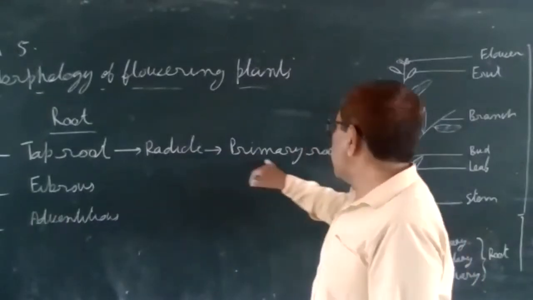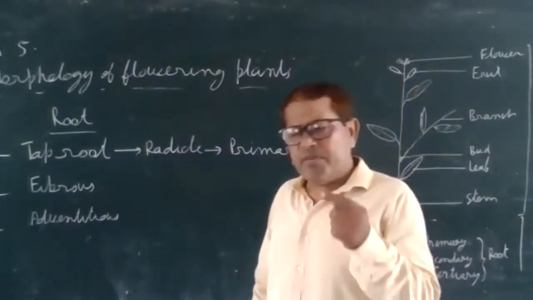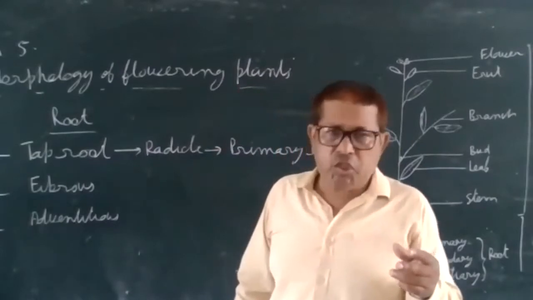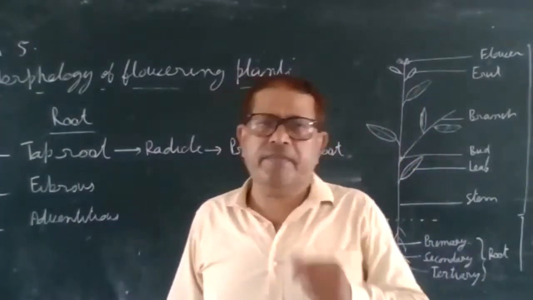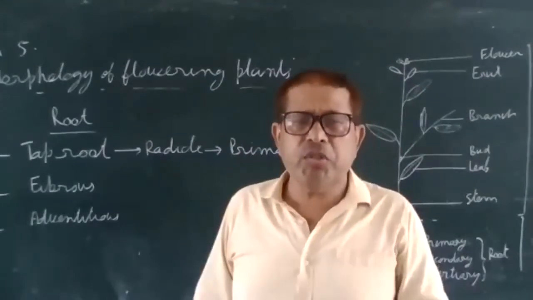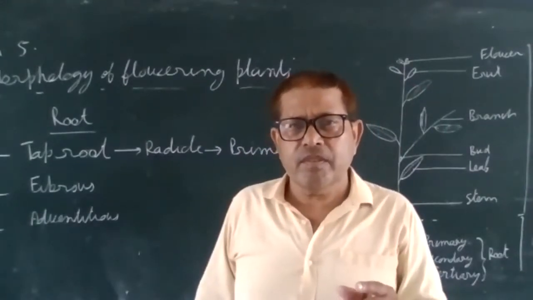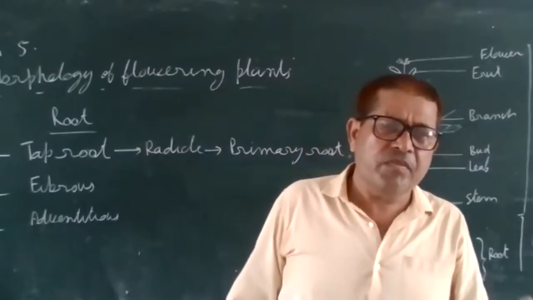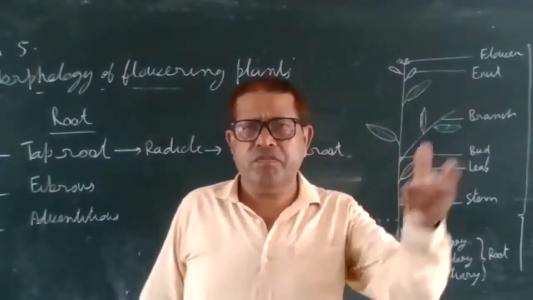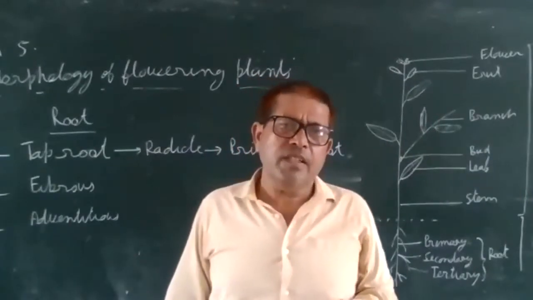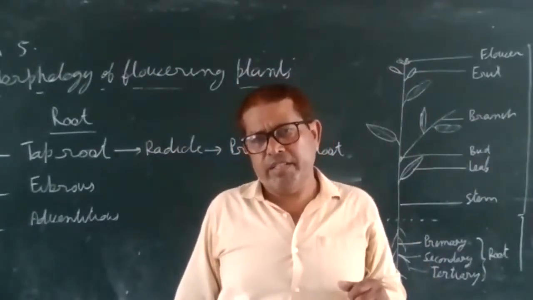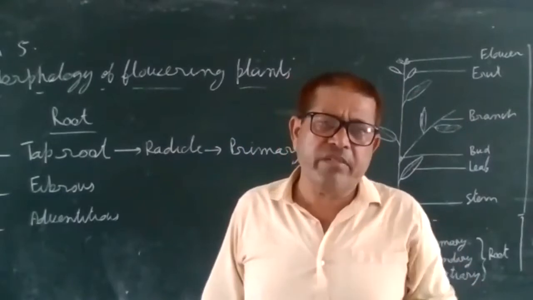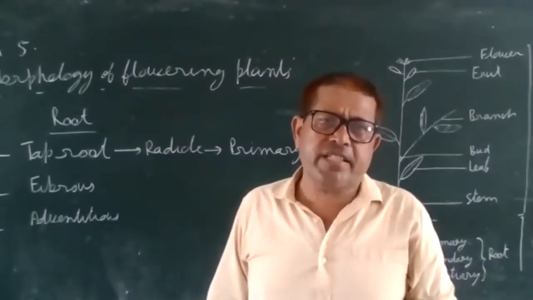So here the radicle develops into the root. You have seen when you soak the gram in water, and remove it from the water after five, six, seven hours, and keep it outside and maintain the moisture, then you see that it germinates.